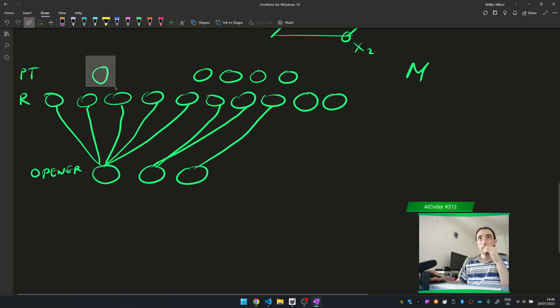The point is, getting this opener, and if M is 1, I will get this. But if M is 2, I can get this and this. If M is 3, then I will get these. And if it's 4, I may get this, this, and that.